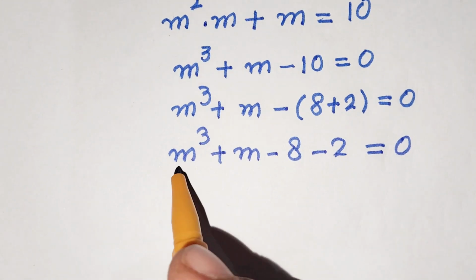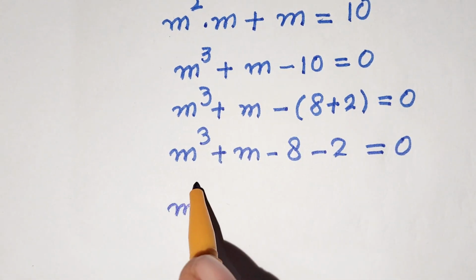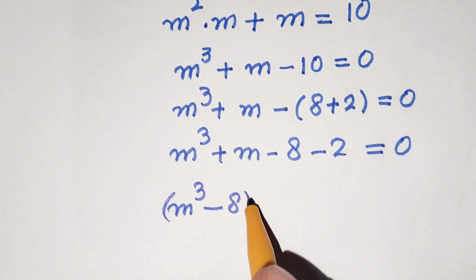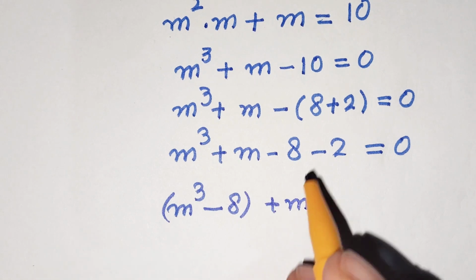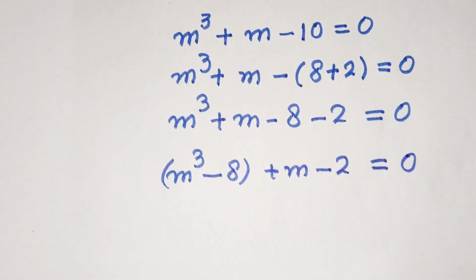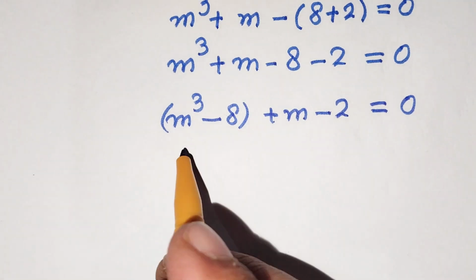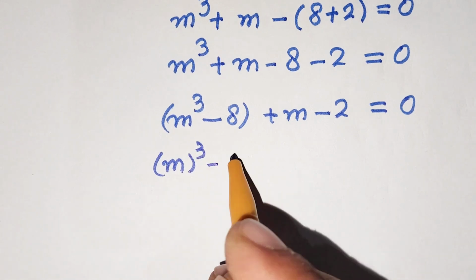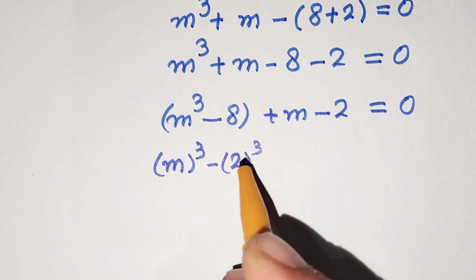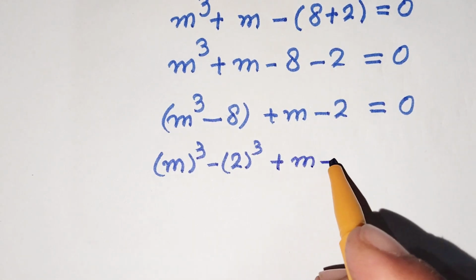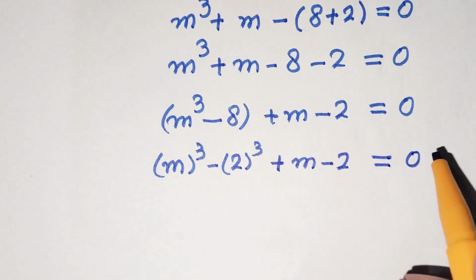Now we can also write it like this: m³ − 8 + m − 2 = 0. Now we can see that it is actually m³ and 2³, and 2³ is also equal to 8. So m³ − 2³ + m − 2 = 0.